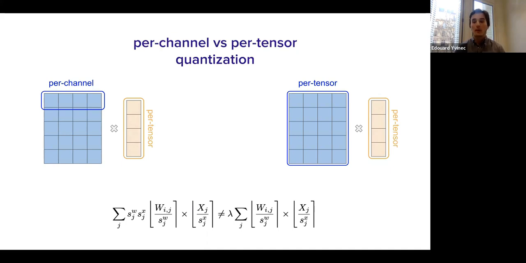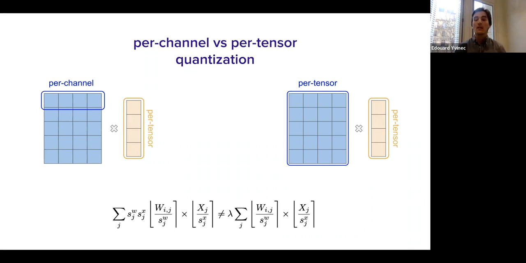So that's the only big equation we have. I don't want to be painful during that presentation. Essentially, what we get is, if we were to do per channel quantization on both the weights and the inputs, that would mean that for every single multiplication, for each and every individual multiplication, we would have a distinct scaling factor. So that's illustrated on the left.